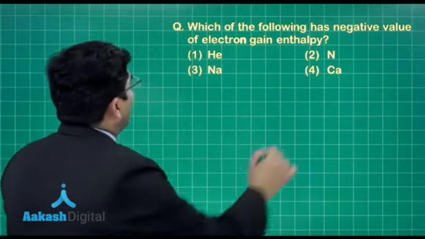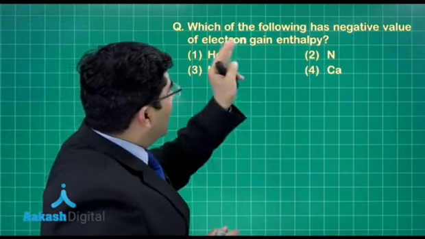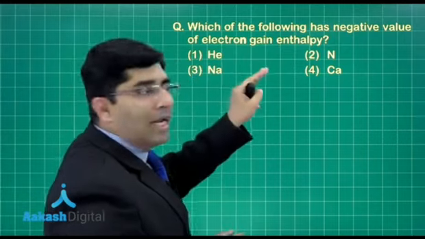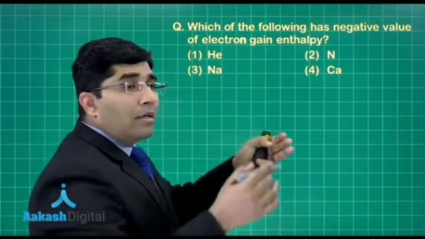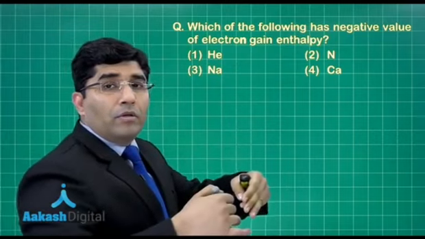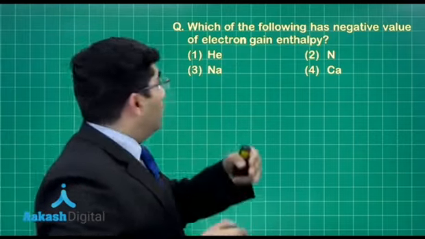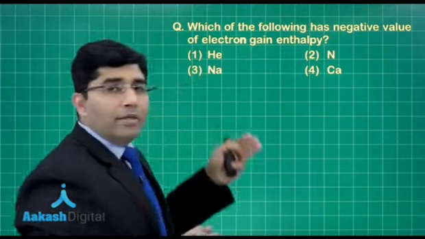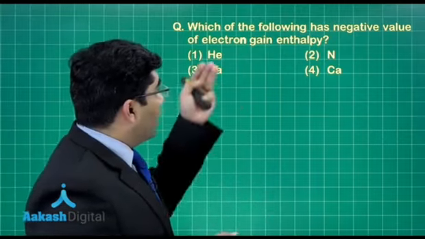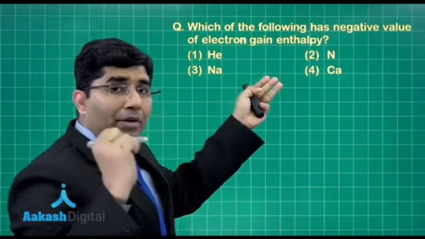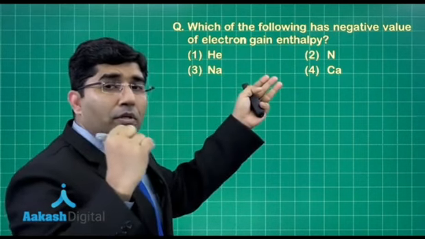Now, which of the following has a negative value of electron gain enthalpy? Meaning, which of them will try to accept the electron easily? So, helium is a noble gas, it will not accept the electron obviously. Nitrogen, we have studied that it will not accept the electron.